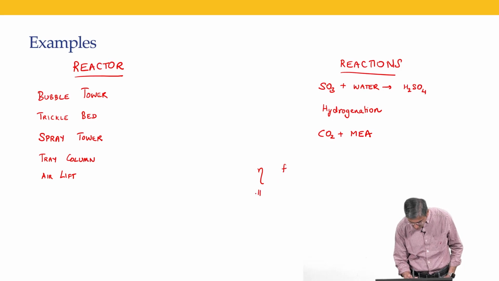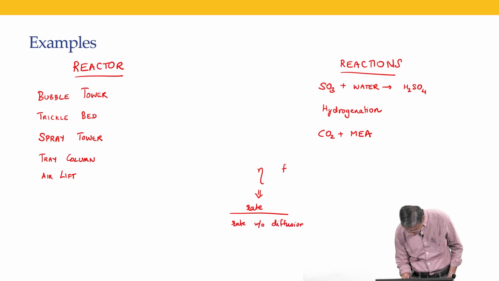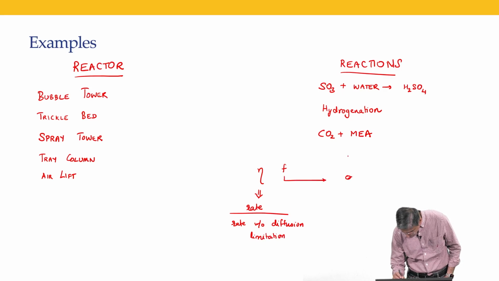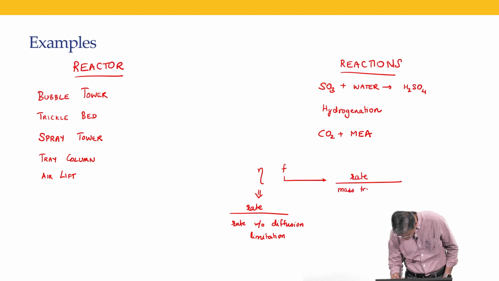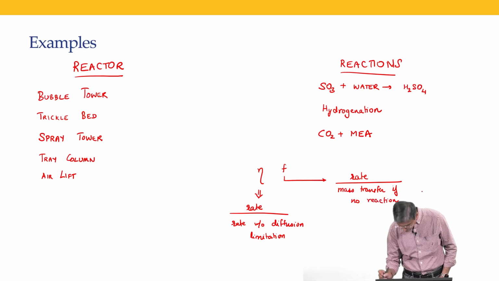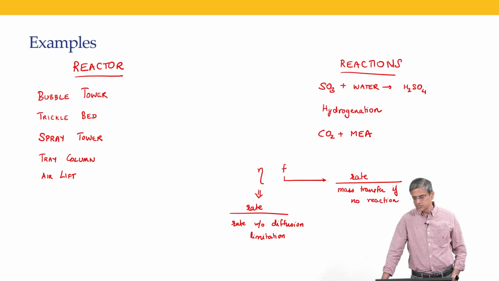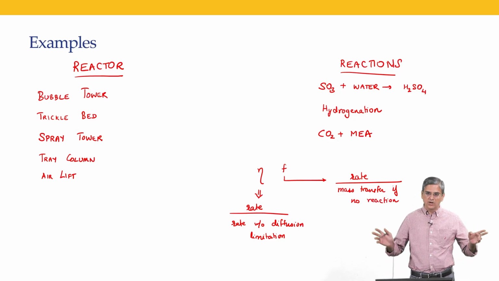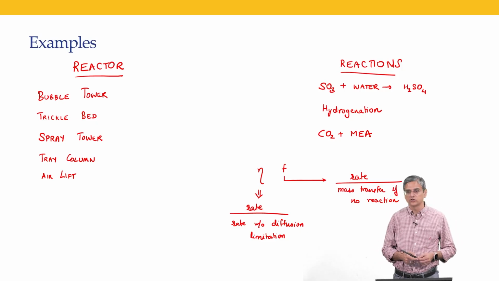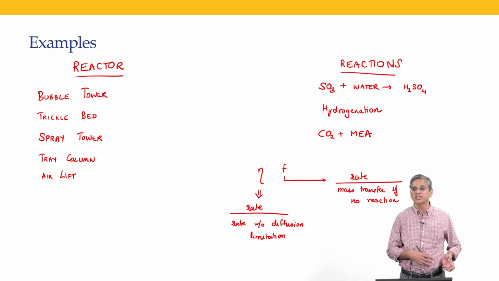Eta is basically the observed rate... F is the ratio of the observed rate of mass transfer to the rate of mass transfer it would have been if there were no reaction.